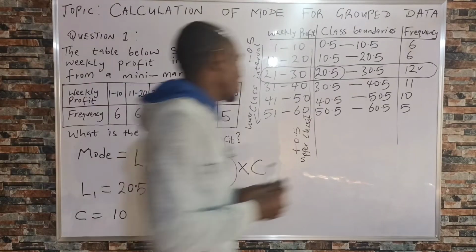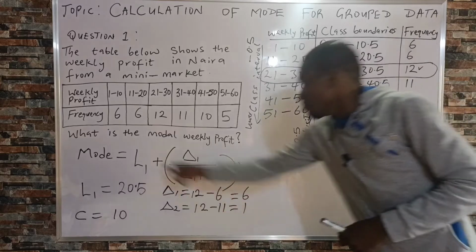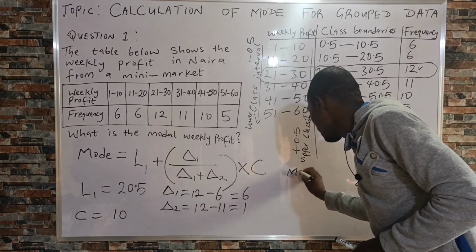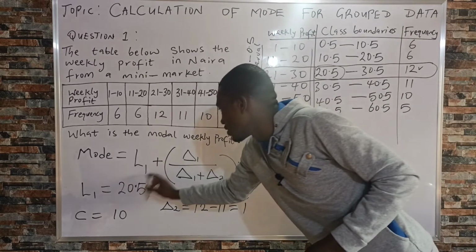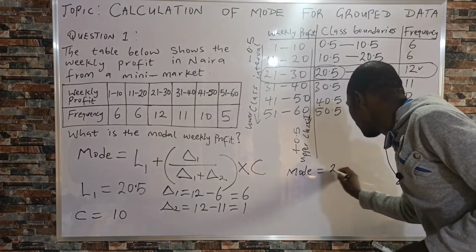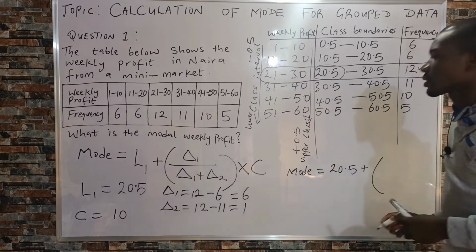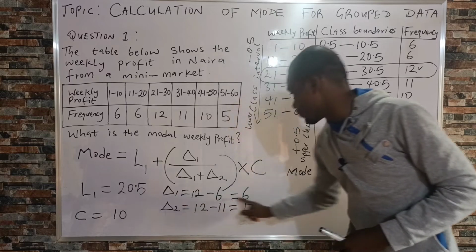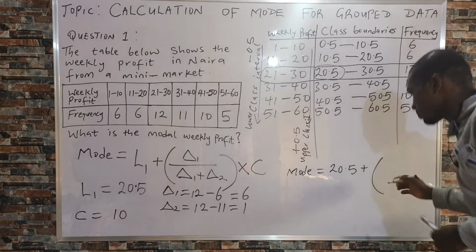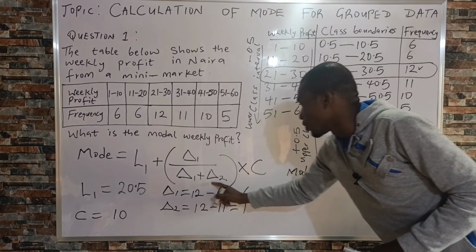That sounds very simple. Let's begin to compute for this formula. Mode, which is what we are trying to find, is equal to L sub 1, which is 20.5, plus in brackets our delta 1, which we found to be 6, all over delta 1 plus delta 2.